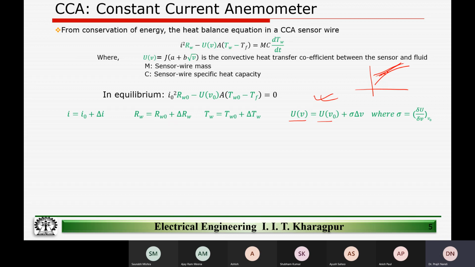We have a slope at this point, and we can assume delta V is changing incrementally, and the incremental change in UV will be the slope multiplied by delta V. This is what is going to be the new UV. This is a fair approximation to make around an operating point, provided delta I, delta RW or delta TW is much smaller compared to I0, RW0 and TW0, right?